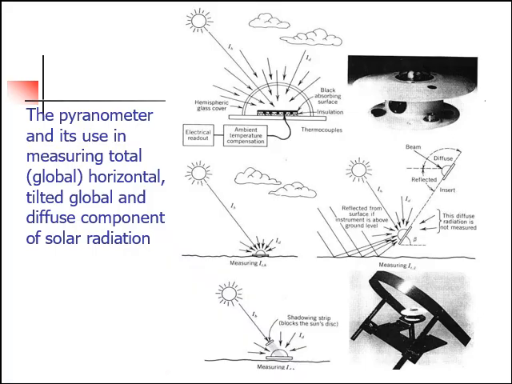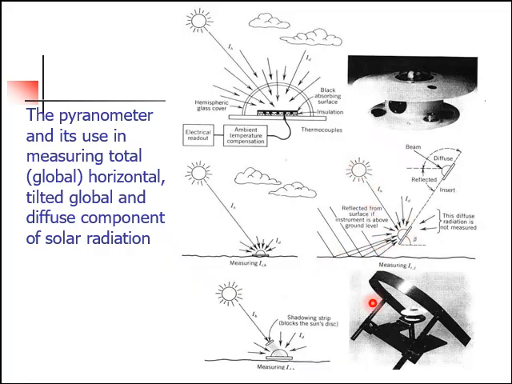As seen in this diagram, there is a hemispherical glass shield, and you can see the irradiation is entering through all the directions. So there is the sun in the sky and clouds also present. But if we look further, if I place the pyranometer at an inclination of angle theta, the sunlight that is falling on the ground will get reflected and will be captured, right?